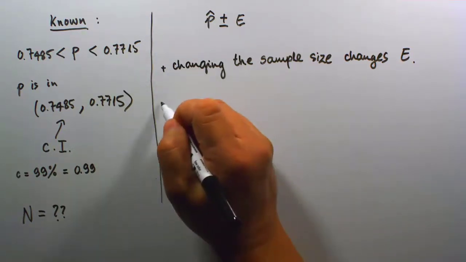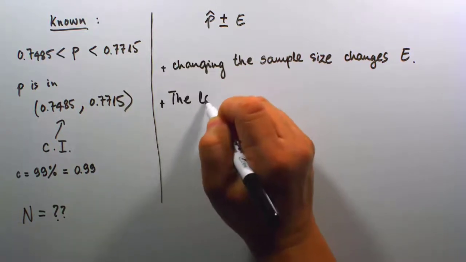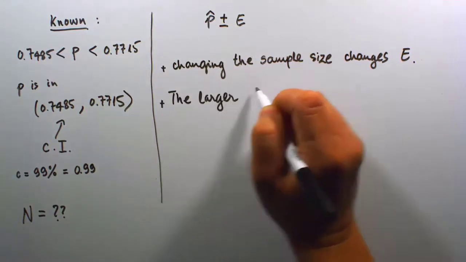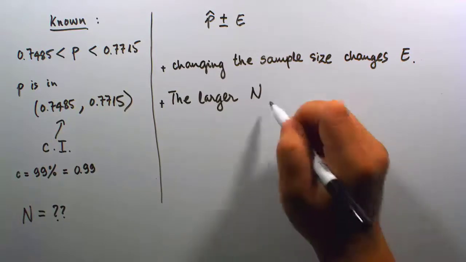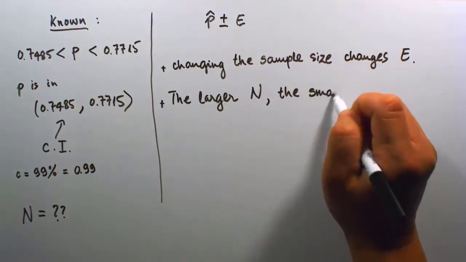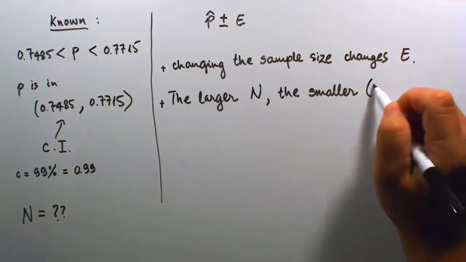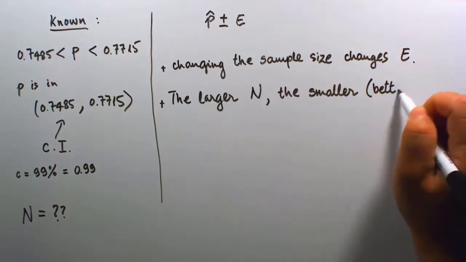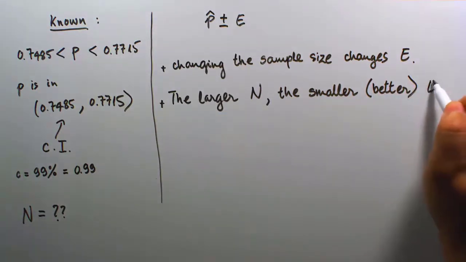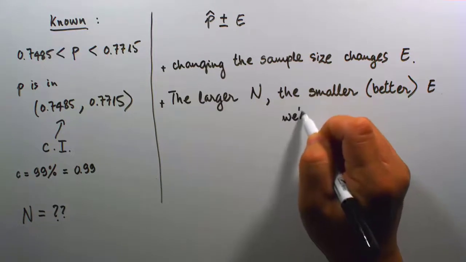Further, we've also learned that the larger the sample size is, the smaller, and necessarily the better, the more accurate margin of error we can get.